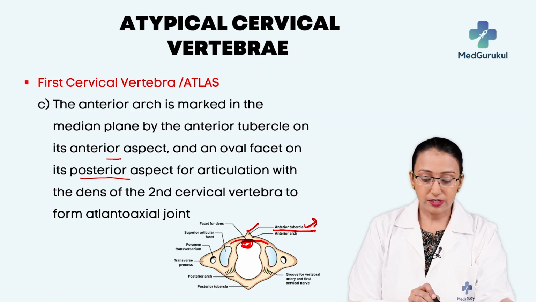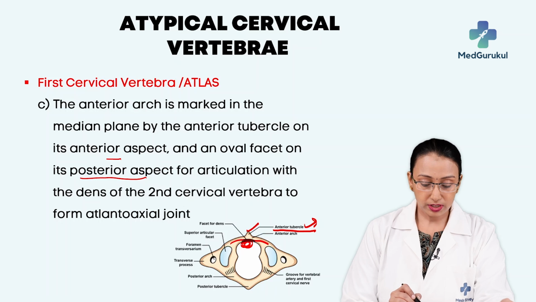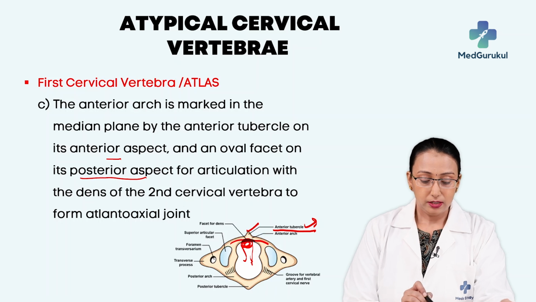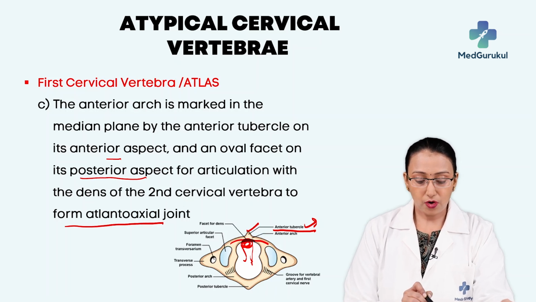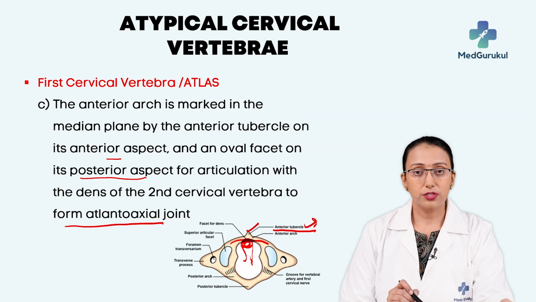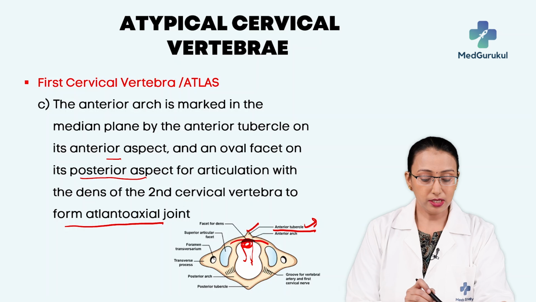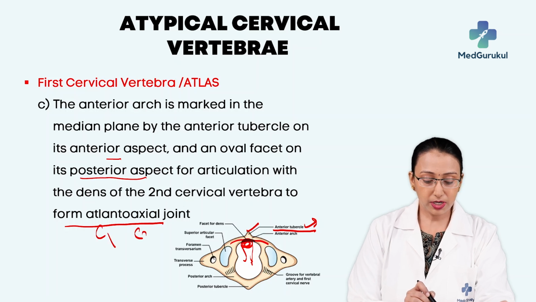An oval facet which articulates with the dens. Within this will be the dens of the second cervical vertebra. Then this forms a joint called the atlantoaxial joint. So, atlas is the first cervical vertebra, axis is the second cervical vertebra.